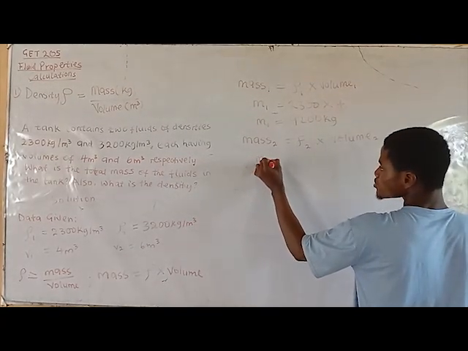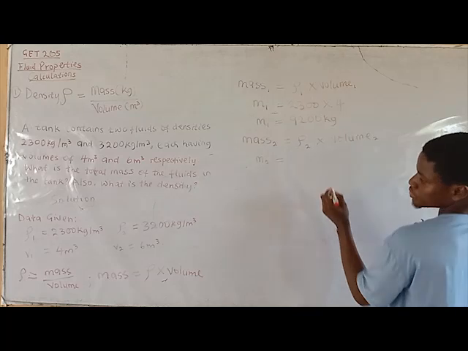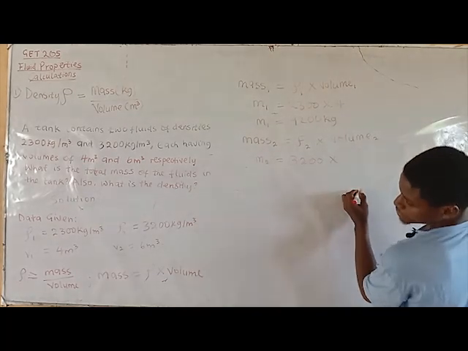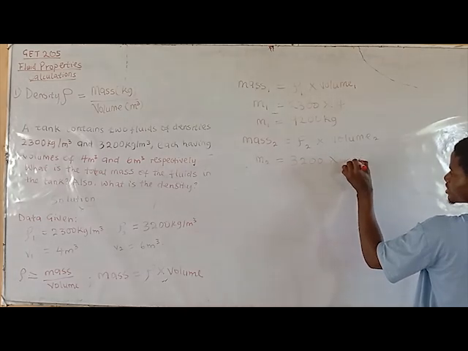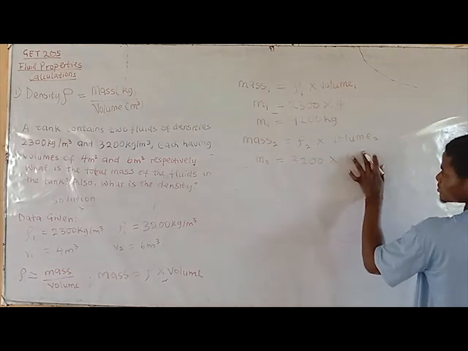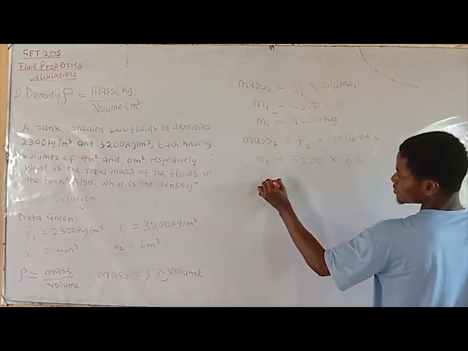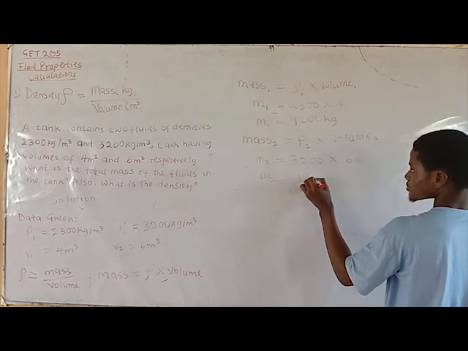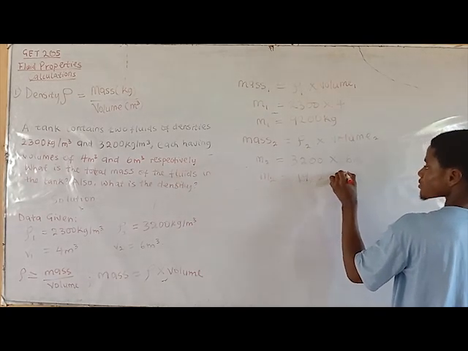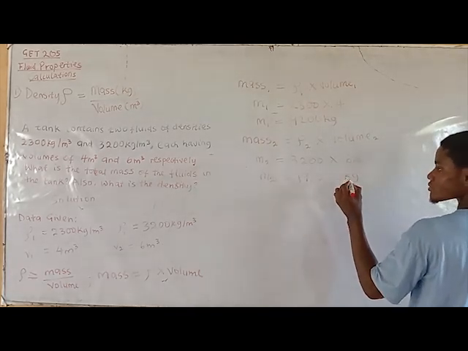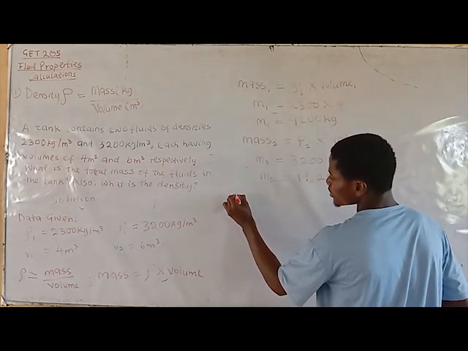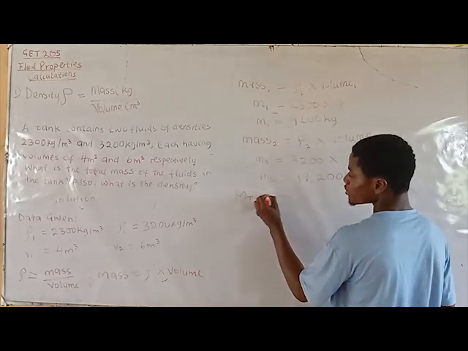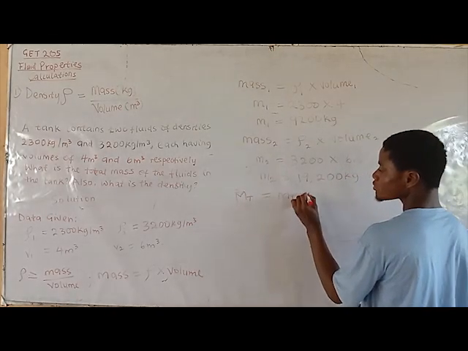So M2 equals 3200 times 6, which is 19,200 kg.